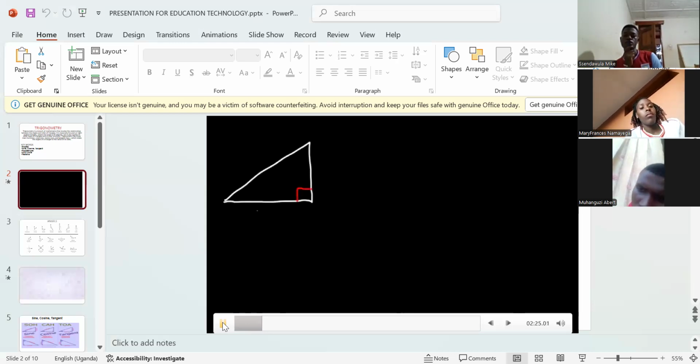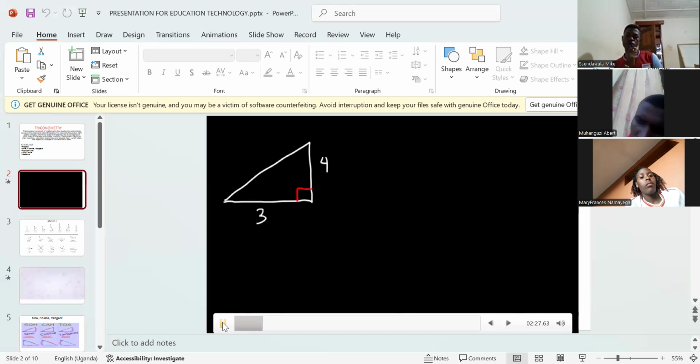Let's say this is 3 and this is 4. And here's the angle theta. Find the missing side of this right triangle and then find the values of all 6 trigonometric functions: sine, cosine, tangent, secant, cosecant, cotangent. Now to find the missing side, we need to use the Pythagorean theorem.